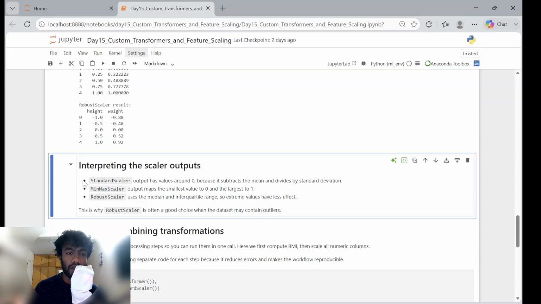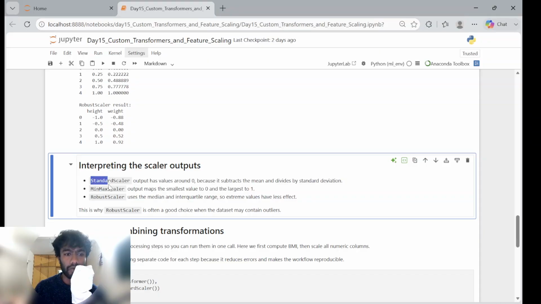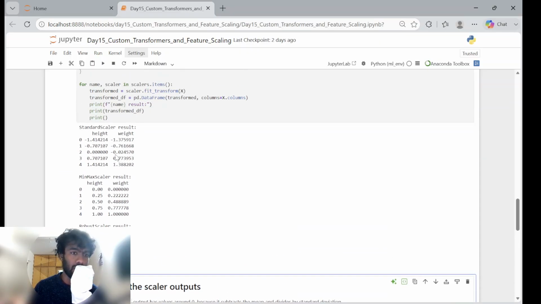All of these might be very useful. Please do post your thoughts or guesses on which is more useful out of these three, either the standard scaler, min max scaler, or robust scaler, which is more used in machine learning algorithms.